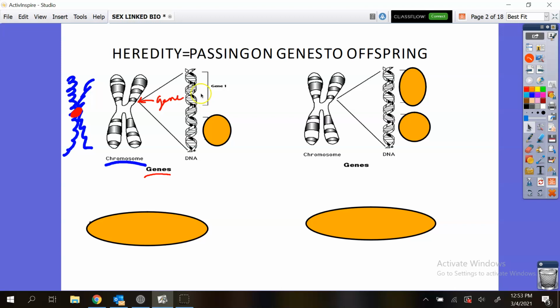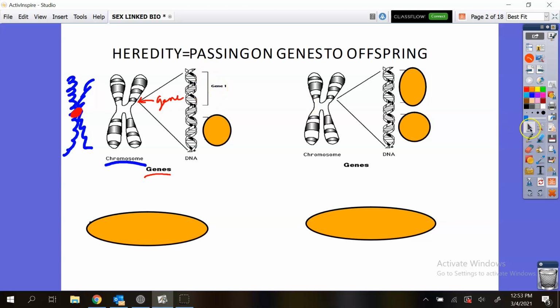So remember, DNA helicase would come in and separate it, and then it would need to be transcribed into mRNA and then translated with the help of tRNA into proteins to figure out what allele you are going to inherit for that gene. Whether you're going to get the dominant free earlobe, the capital F, or the lowercase f for attached.